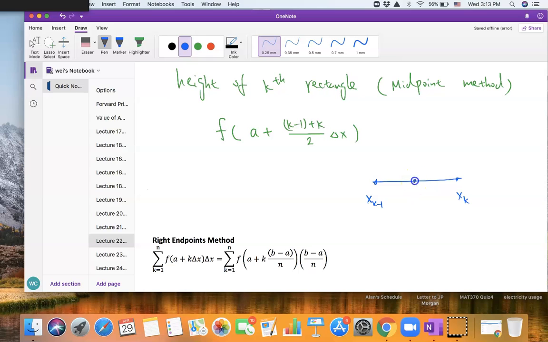The middle point is the sum of these two divided by 2. For example, what's the middle point between 1 and 3? That is 2, because 2 equals (1 plus 3) divided by 2.